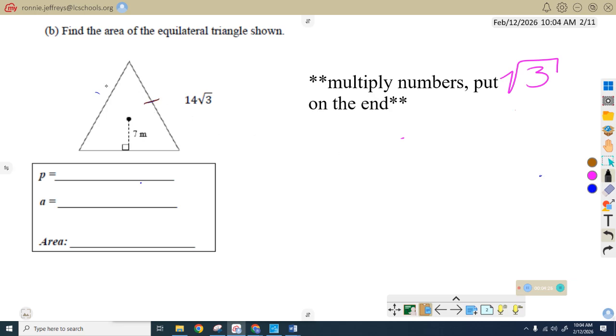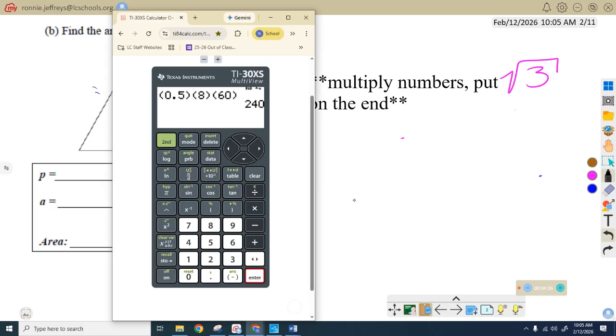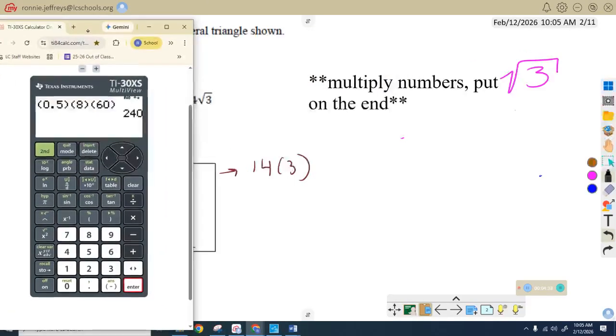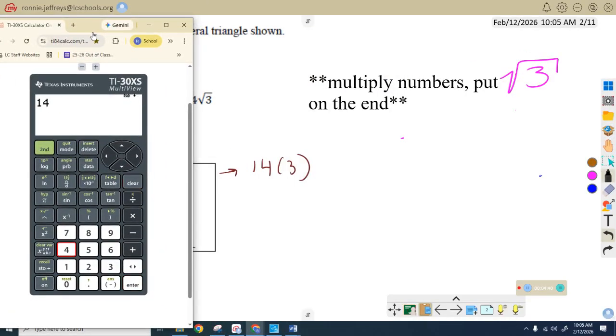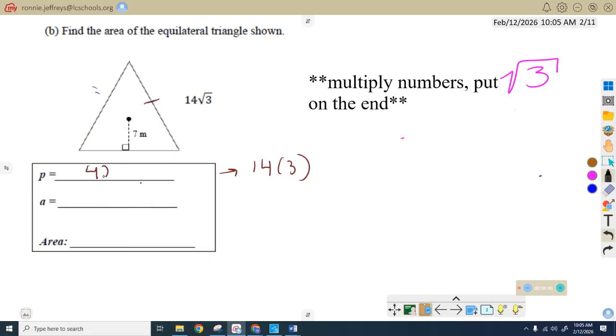So perimeter, we could say 14 times 3, which is 42. So you would just write 42 and then put square root of 3 right here. That's all you would have to do. Very straightforward.